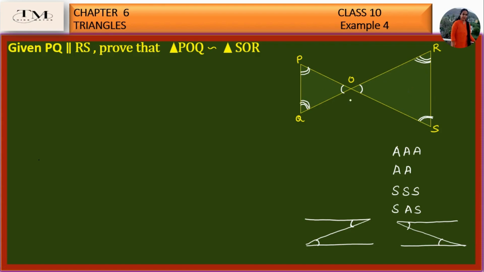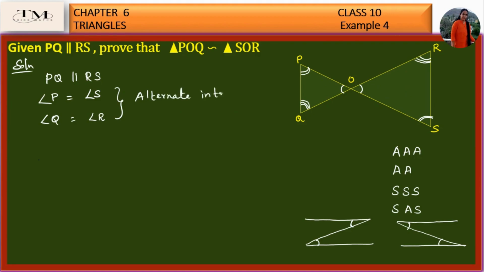That's all, easy. So let me write the solution. What is given? PQ parallel to RS. So then we have angle P equal to angle S. Also angle Q will be equal to angle R. Both are by alternate interior angles are equal.